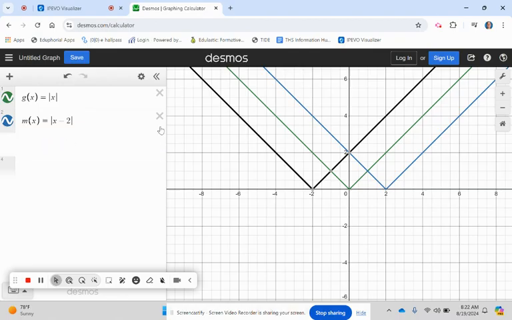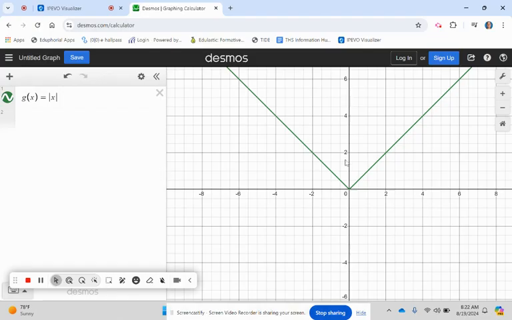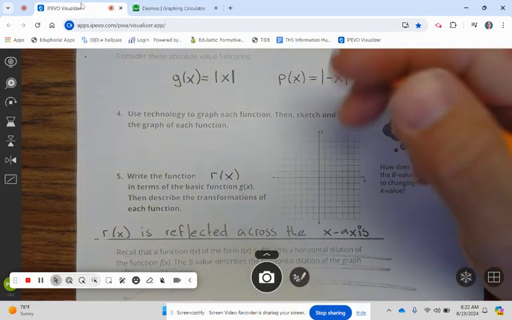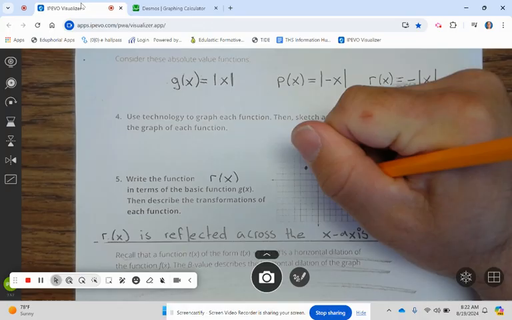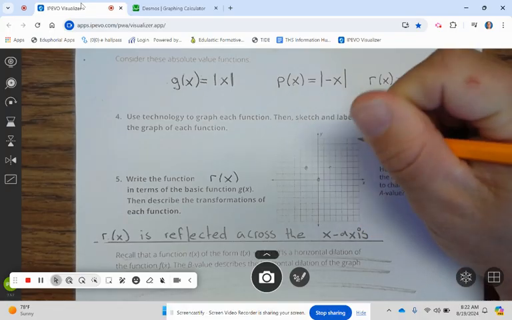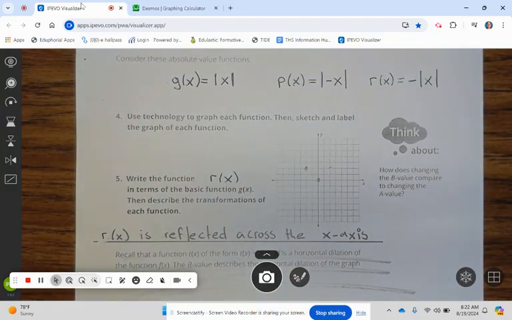So we can start with g of x, which is already graphed. Alright, so 0, 0, negative 2, 2, and 2, 2. I'm going to graph this in green.